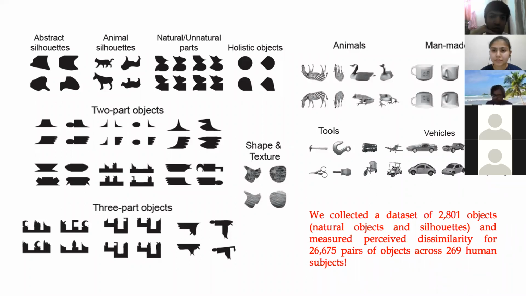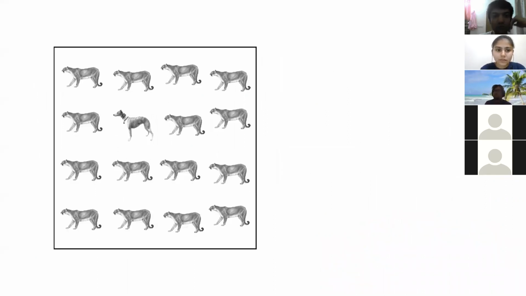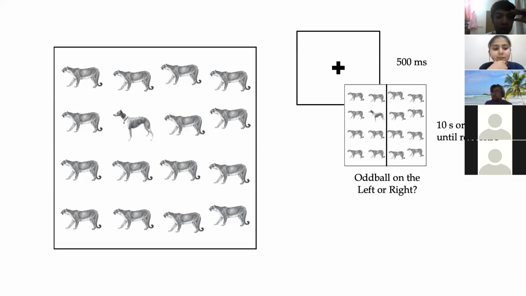Got it. So now we have this image set. Again, as I told you before, we used visual search to measure all these pairwise distances in human perception. So I'll tell you how exactly we did that. We showed visual search arrays like this to our participants and asked them to find the oddball target. Specifically, in each trial, we showed a blank screen with a fixation cross at the center for 500 milliseconds.